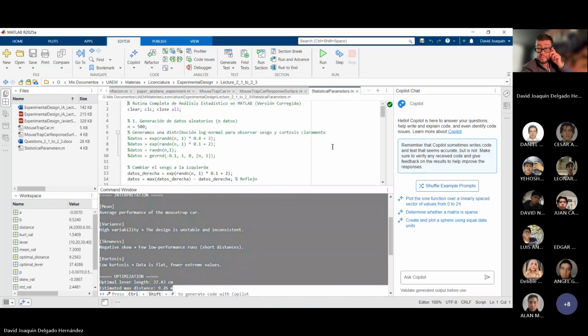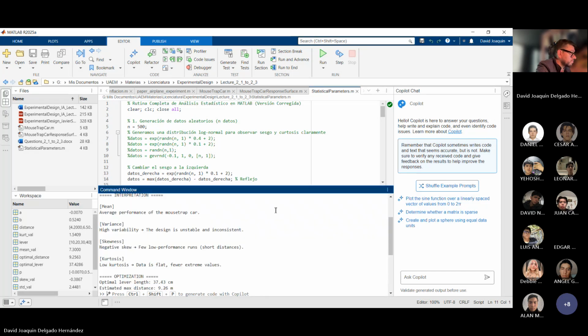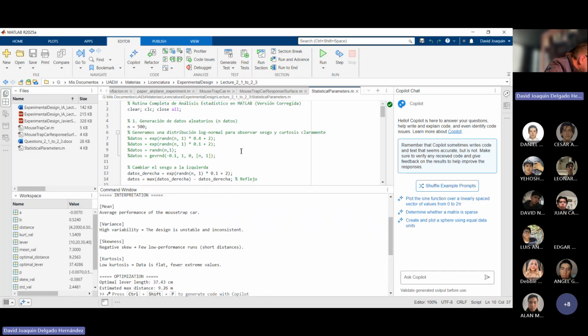Okay. Let me show you some things about these shapes, okay? For instance, imagine that I have 500 different measures of any variable.